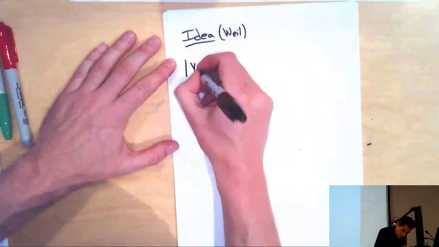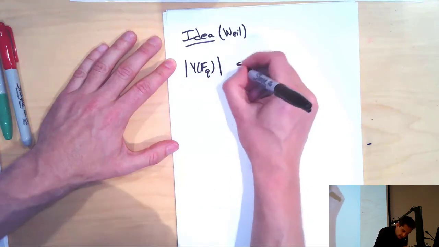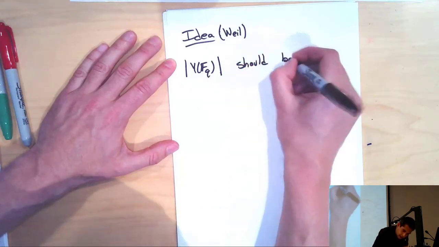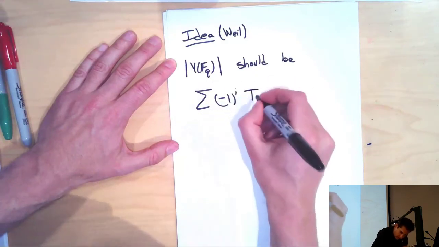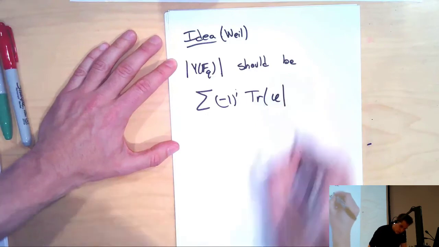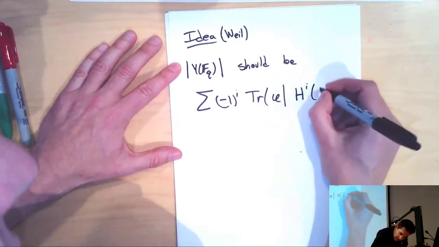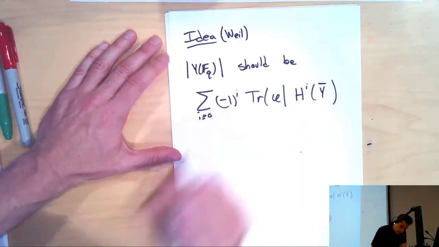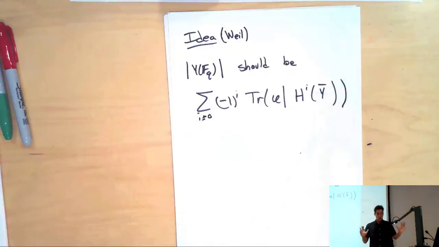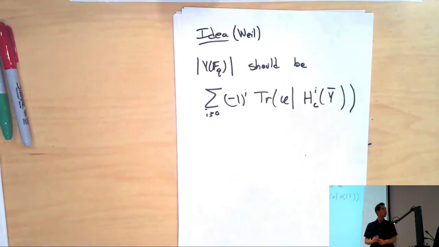So the number of FQ valued points of Y should be something like an alternating sum of the trace of this Frobenius map on the cohomology groups of this variety Y bar. Well, this is what it should be when Y is a projective variety. If Y is only a quasi-projective variety, then I should take some kind of compactly supported cohomology here.